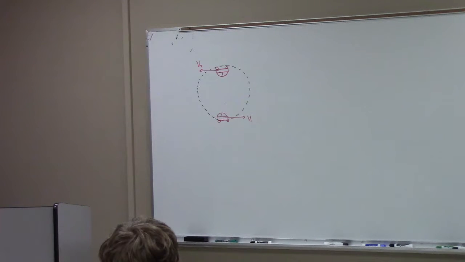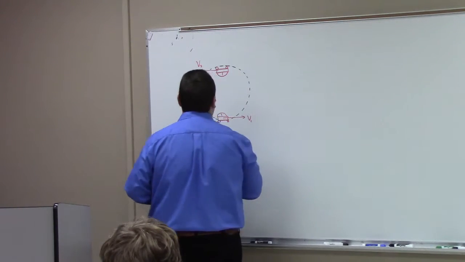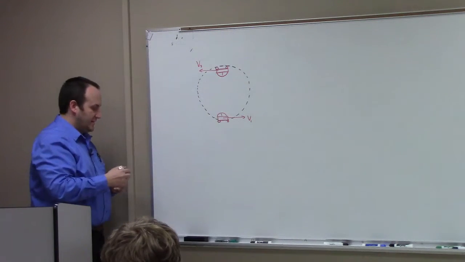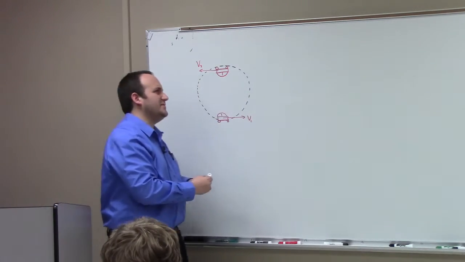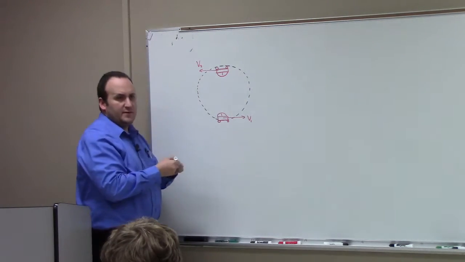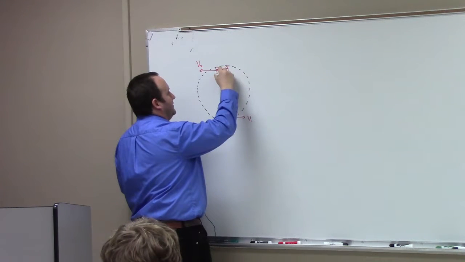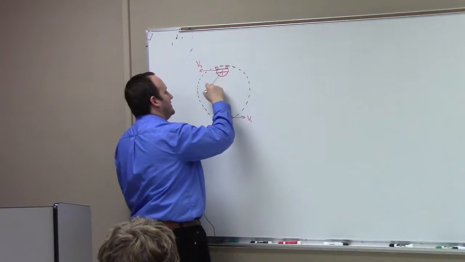So we know that the net force on the car has to be what? Oh, excuse me. We don't know about the net force. What we know is that if it's going in a circle, part of the force has to be... How can I say this? The force could be like this.